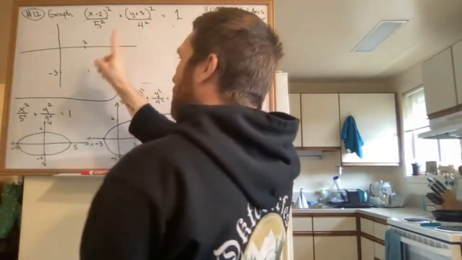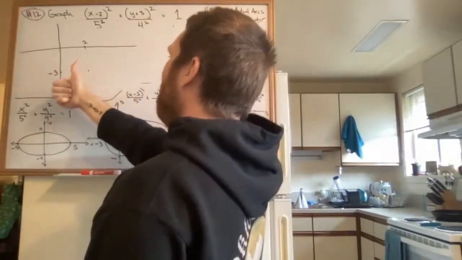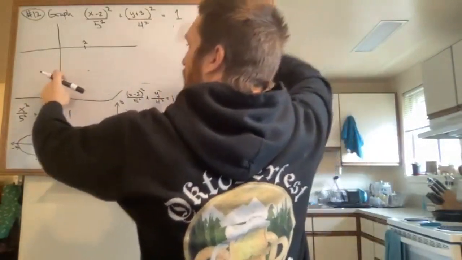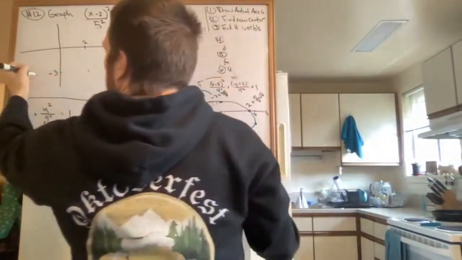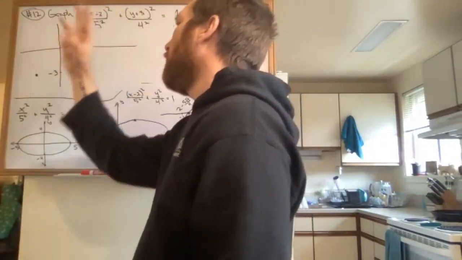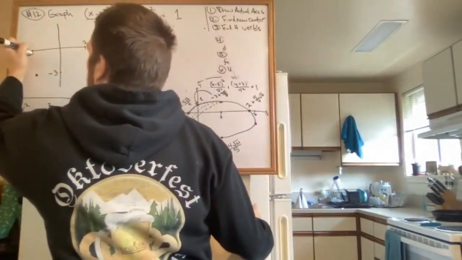And so from the center of this guy, I would move 5 in this direction and 5 in this direction. And so from 2, I would go down -5 down here to, let's see, 2, 1, 0, -1, -2, -3. That's a total of 5. So -3. Mark that point.